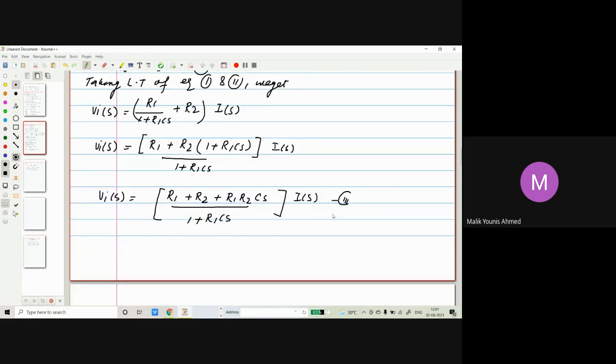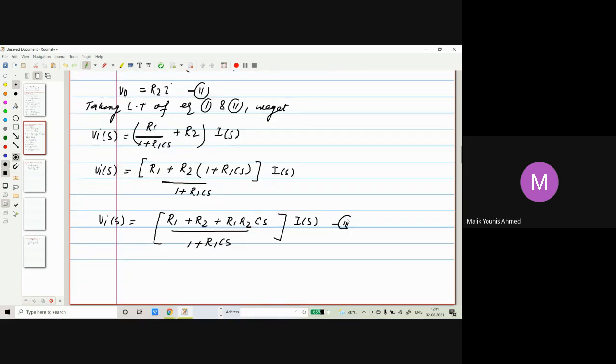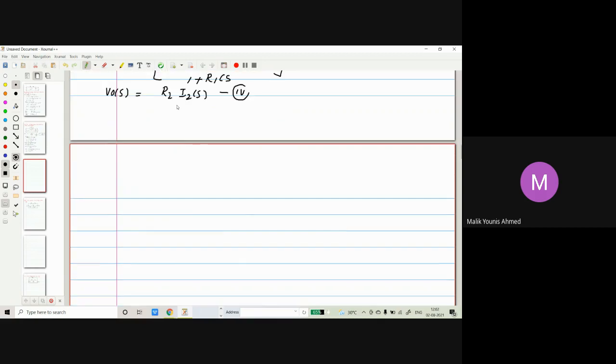Now V naught of S, taking the Laplace transform of equation two, can be written as R2 I of S. So that is equation number four.